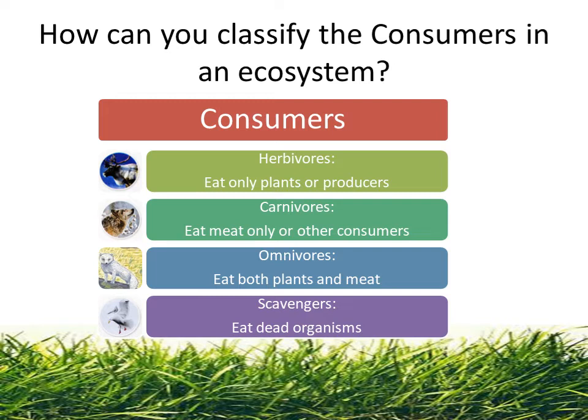And sometimes the people kill them, which is very bad because the scavengers help to clean our environment. So consumers are classified into herbivores, carnivores, omnivores, and scavengers depending on the food they eat.